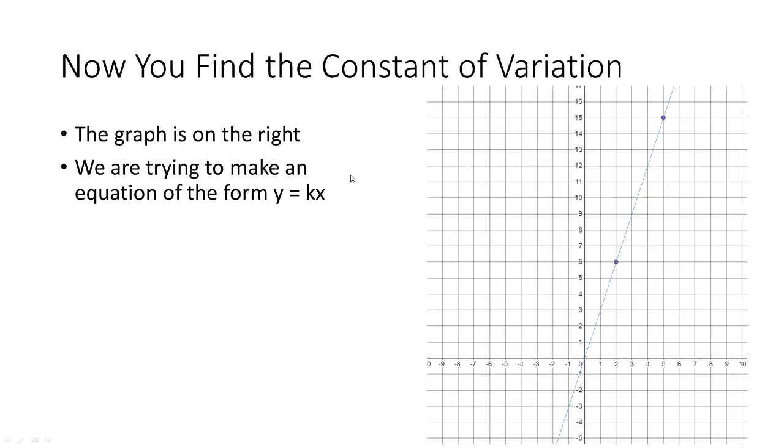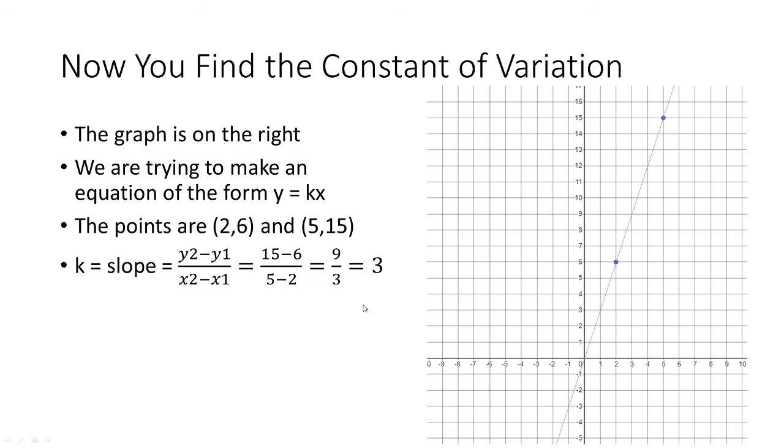Okay, let's continue. The points are 2, 6, and 5, 15. So first this one. It's on the 2 line for x and the 6 line for y. And then this one. It's on the 5 line for x and the 15 line for y. I'm going to plug them into the slope formula.